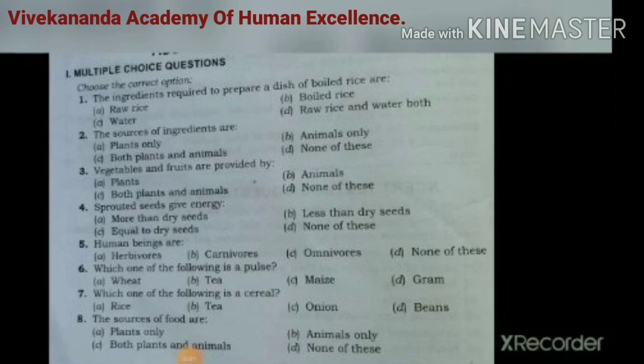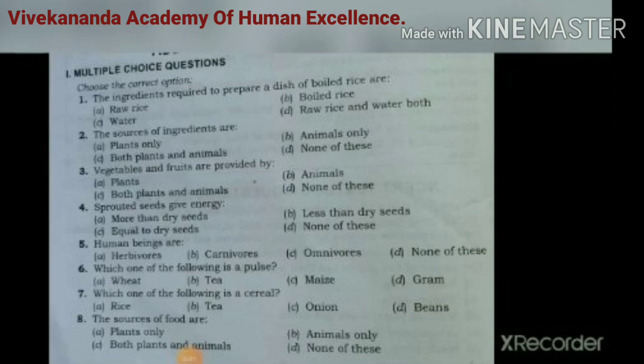If we want to prepare boiled rice, we require rice as well as water. We require both. So the correct option is option D, raw rice and water, both.